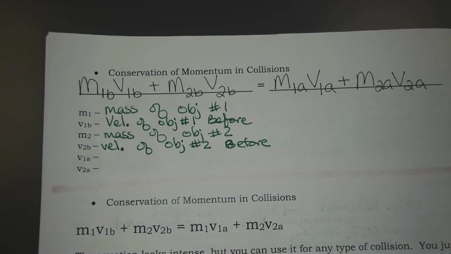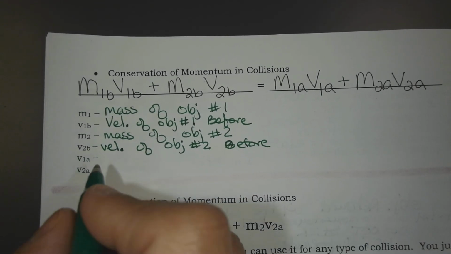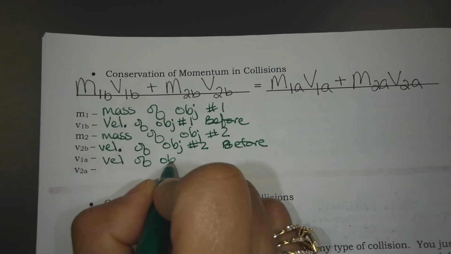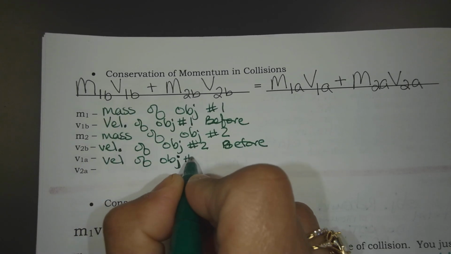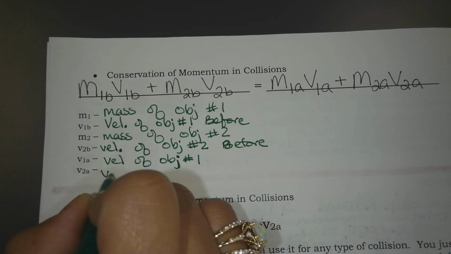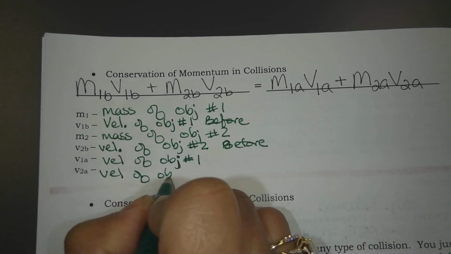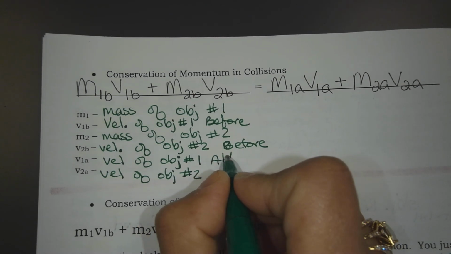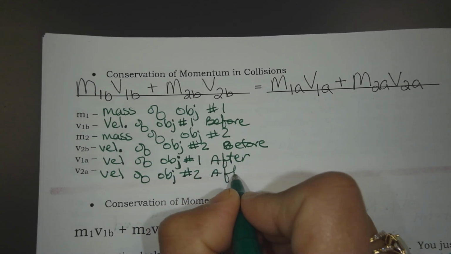And then the A's, which we saw when we were doing the math, is going to be the velocity of object number 1 versus the velocity of object number 2 after the collision.